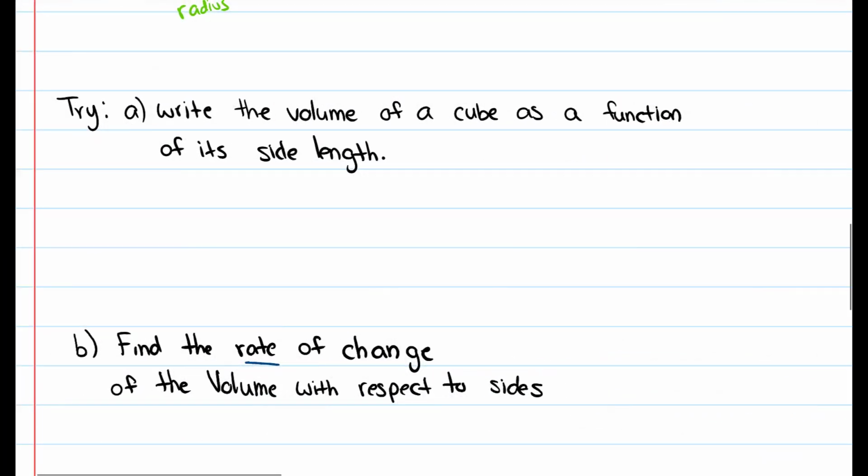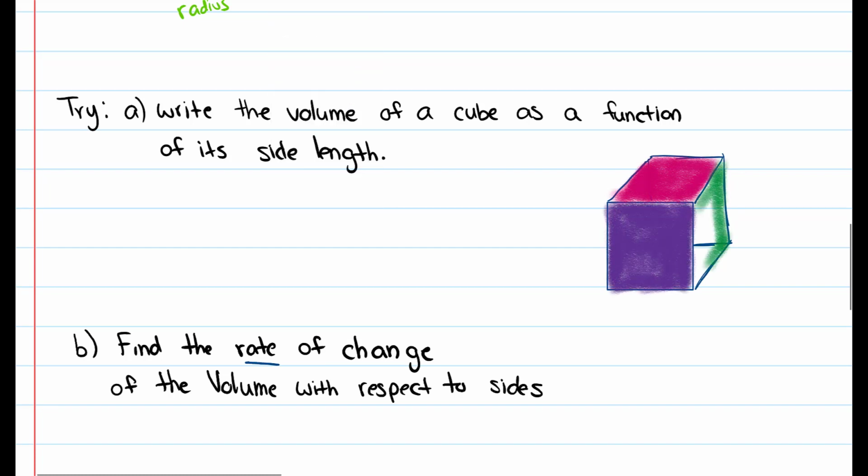Okay, so the first thing we want to do is write the volume of a cube as a function of side length. To make my life a little easier, I'm going to go ahead and draw a cube. Now that I have my cube, I'm going to label this as length, width, and height.